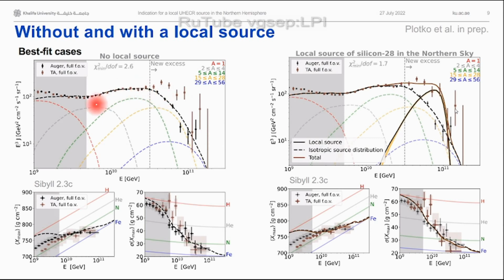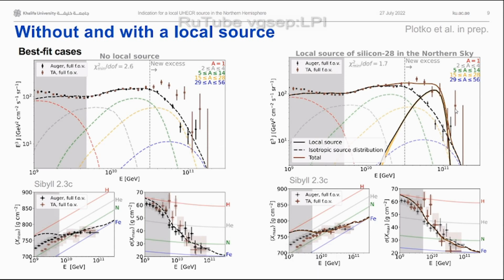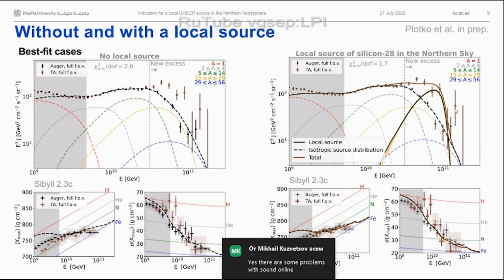Here we see the spectrum, how it's reproduced, but there are differences in the measurements, so of course we cannot reproduce both. The fit prefers in this case the Pierre Auger Observatory results, just because the Auger results have larger statistics, smaller error bars. So that's why this reproduces the Auger results really well, but unfortunately not the Telescope Array results.